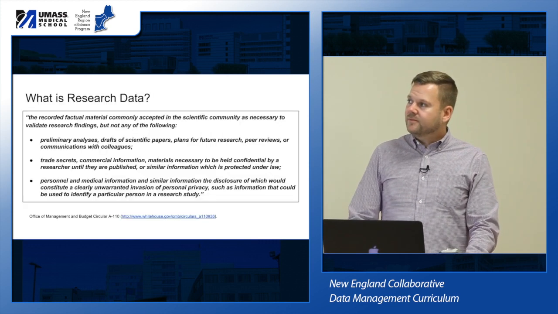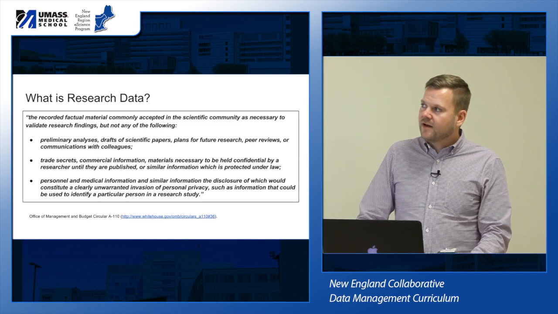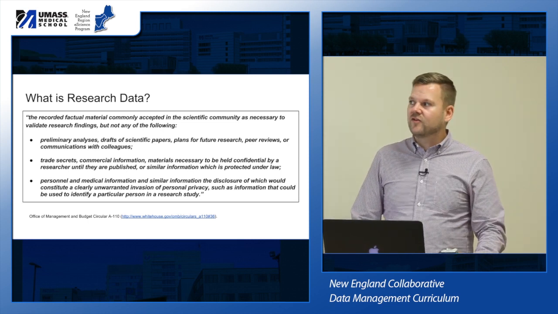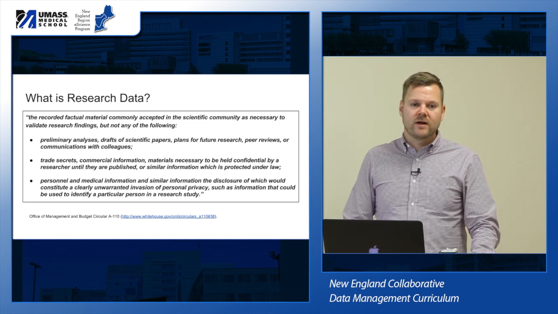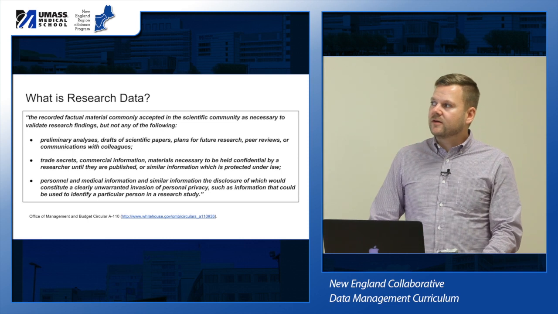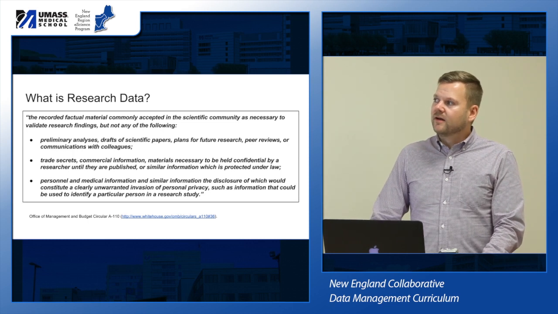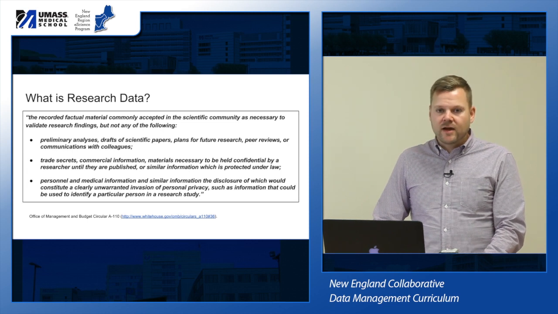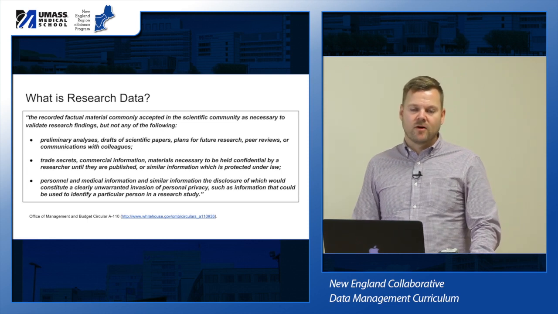And so we can begin with defining what is research data. This OMB circular is sort of a standard definition for what research data is. If you want to contextualize research data management, think about data as the factual information necessary to validate results.